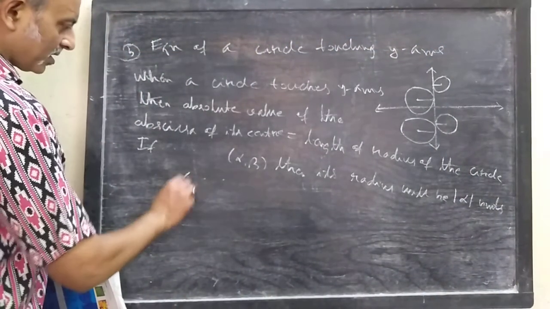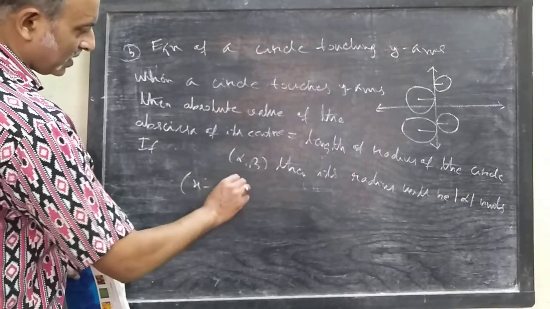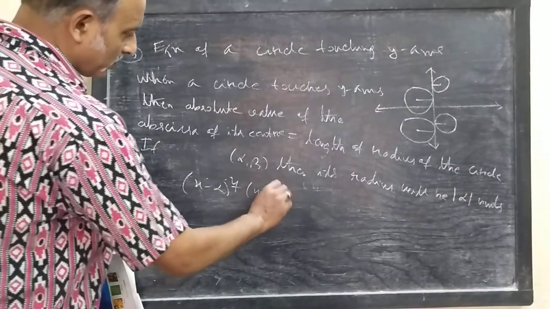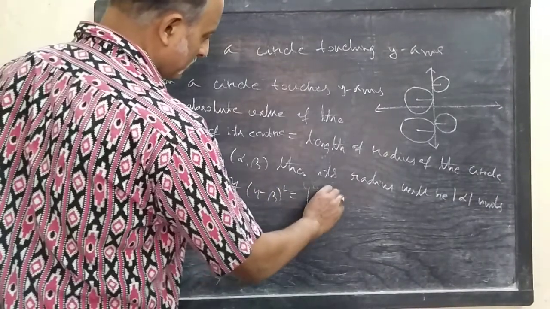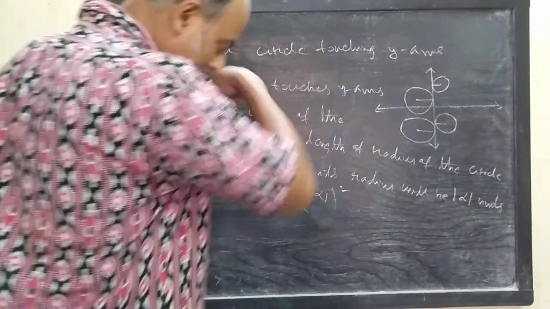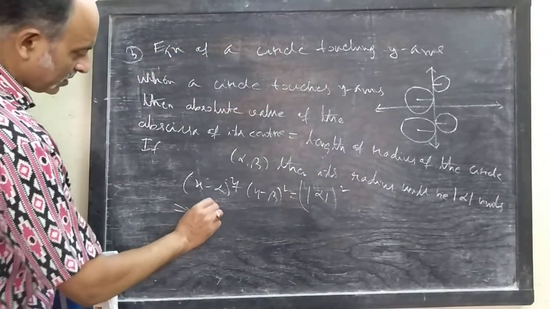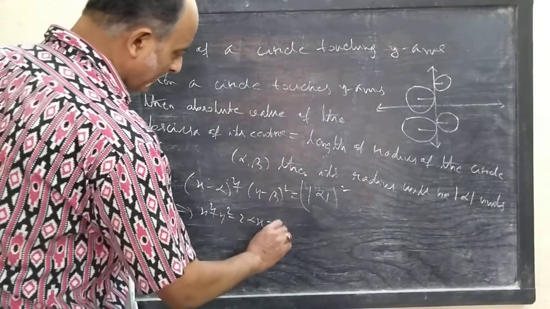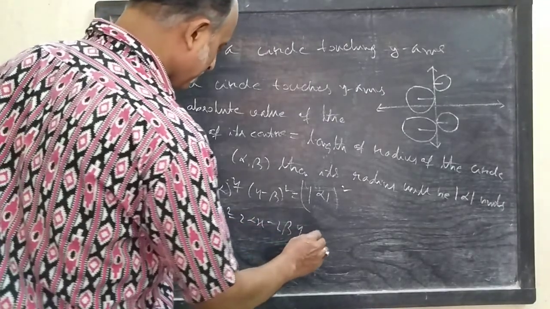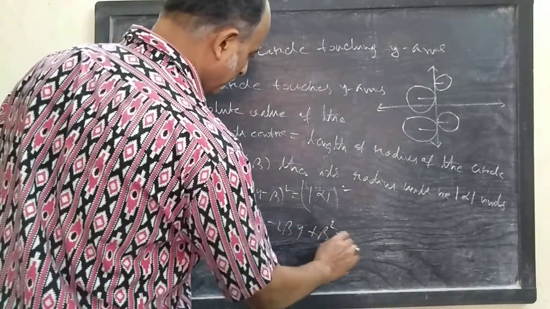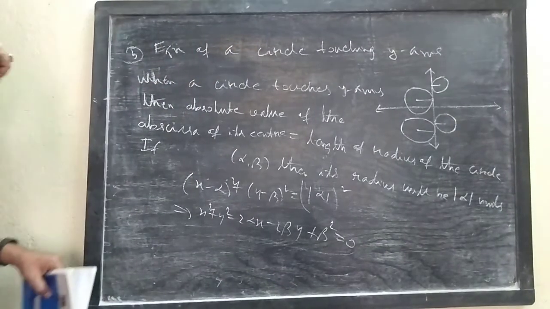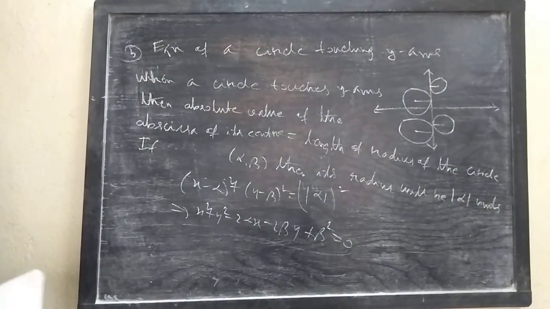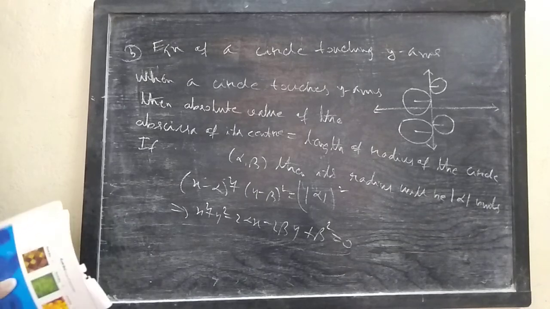Then we can write the equation of the circle as (x minus alpha) whole square plus (y minus beta) whole square equals mod alpha whole square. After simplification we can write x square plus y square minus 2 alpha x minus 2 beta y plus beta square equals 0. This is the equation of any circle touching the y-axis. Okay.